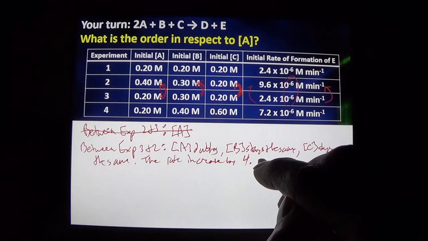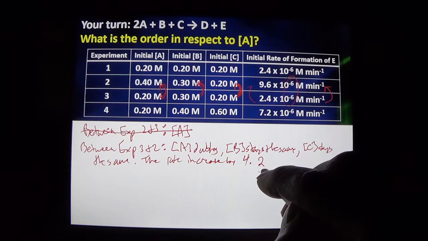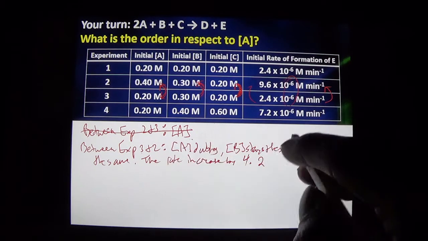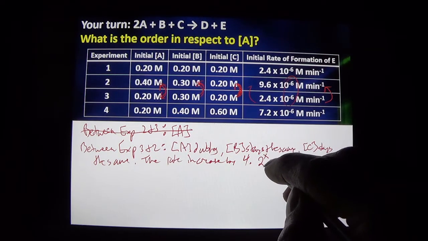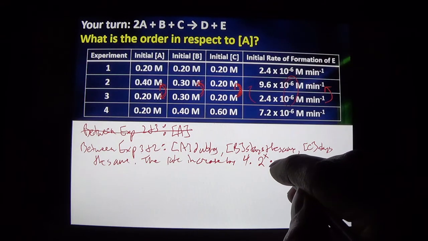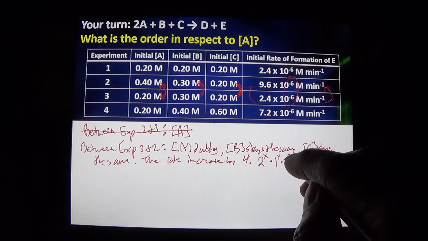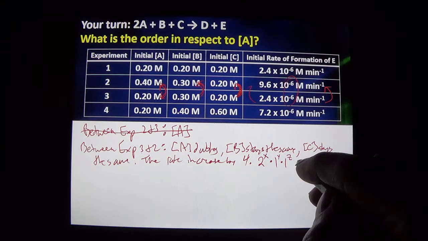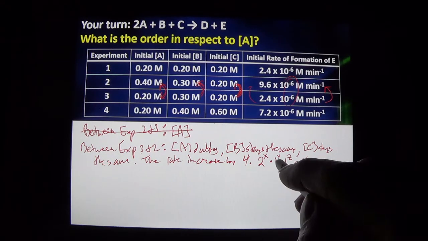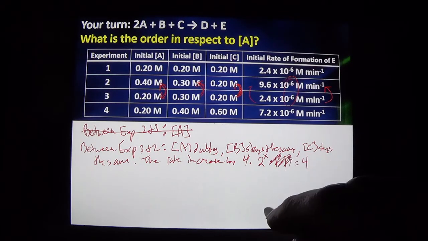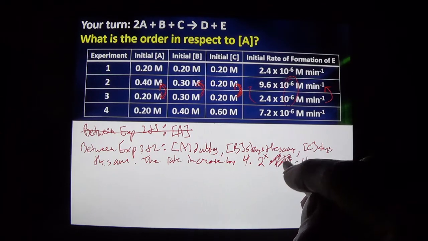Okay. A doubled, so that's 2. And A's exponent was x. B stays the same, and so that's 1. And its exponent, I'll throw that in there just for kicks. And C stayed the same. And the rate went up by 4. Now, 1 to any power is still 1, and 1 to any power here is still 1. So these ones are gone. You don't necessarily need to scribble them out.